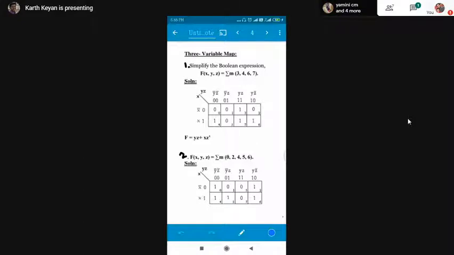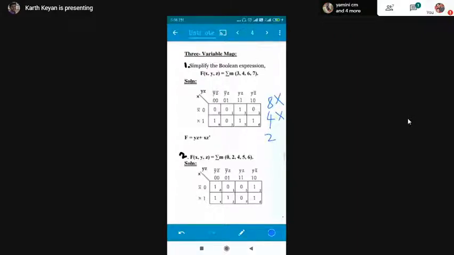Sir, is it possible to cover the entire 8 cells? No. Is it possible to cover 4 cells? That also no. Is it possible to cover 2 cells? Yes, sir, we can cover. How will they substitute? 0, 1, 3, 2, 4, 5, 7, 6.